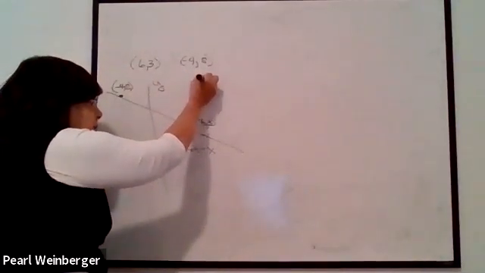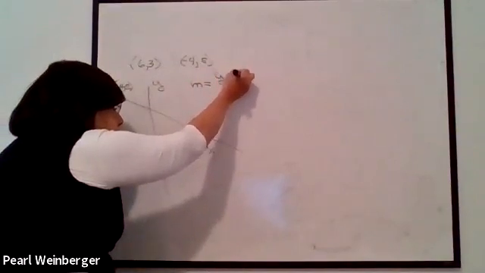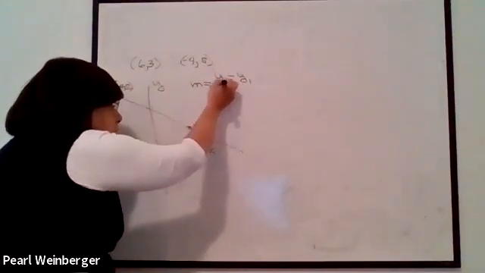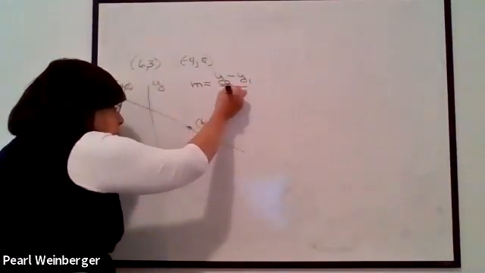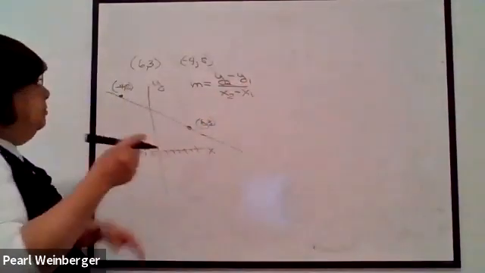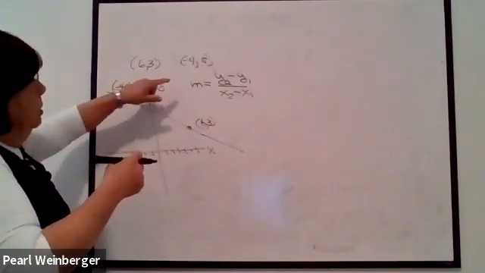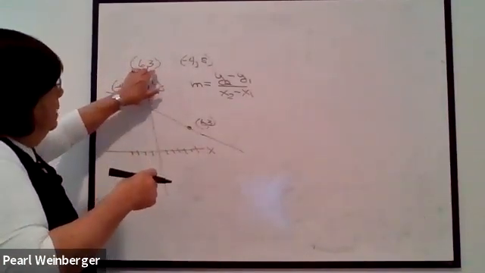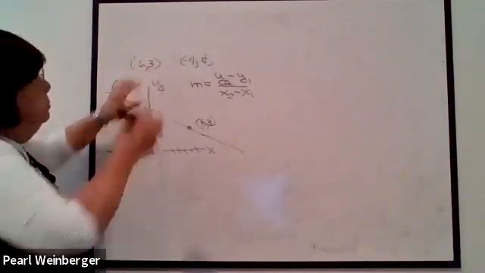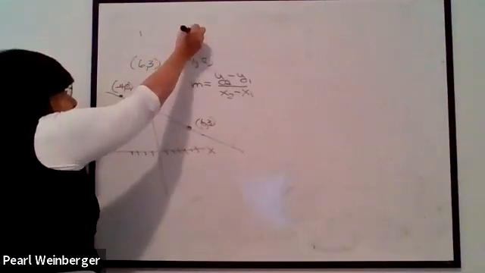It's called y2 minus y1 over x2 minus x1. I don't have to draw it, I can do it just by the numbers. What I do is I pick one point to be my first point. Let's call this the first point. Let's call this the second point.